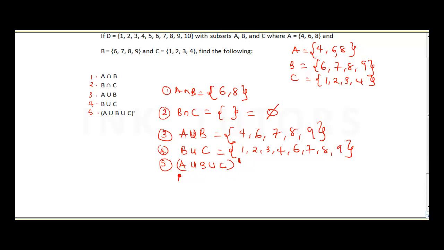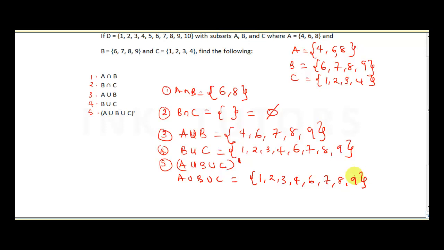So what's our A union B union C? It's going to be 1, 2, 3, 4. Then we'll have 6 next, then 7, then 8, and 9.